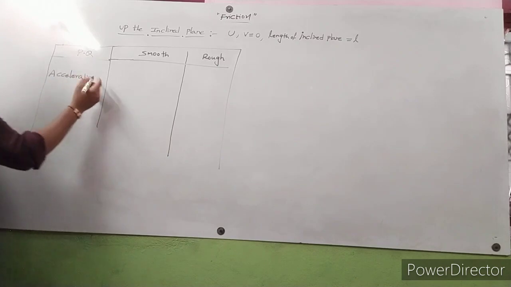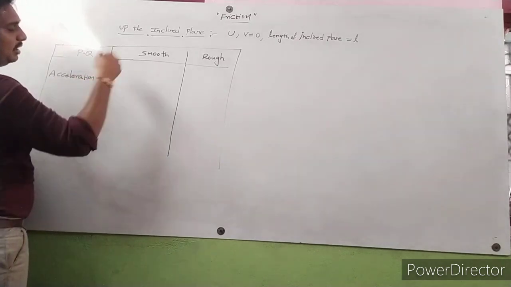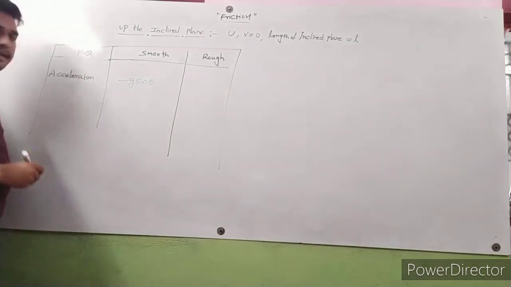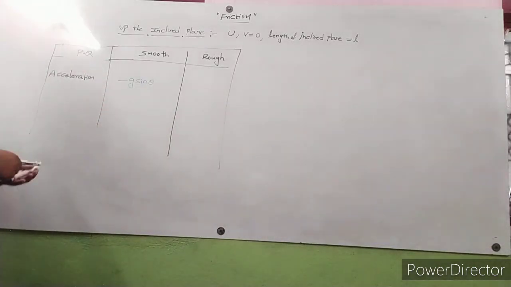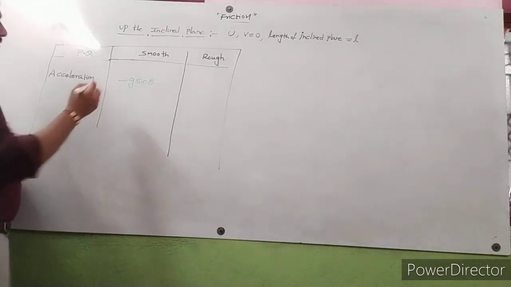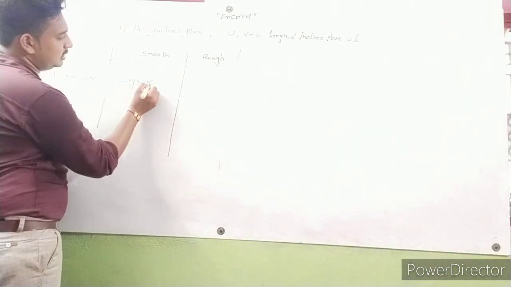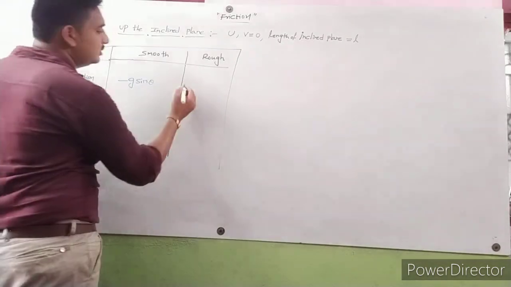Observe carefully. Acceleration up the inclined plane is definitely minus g sin theta for the smooth inclined plane.